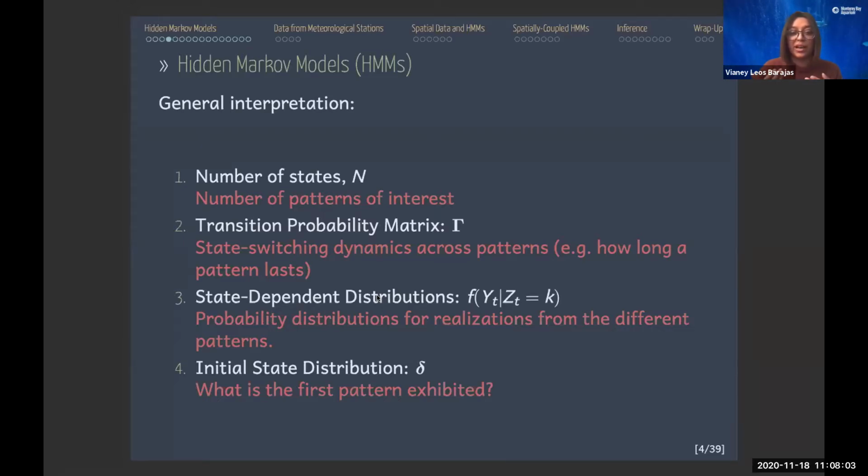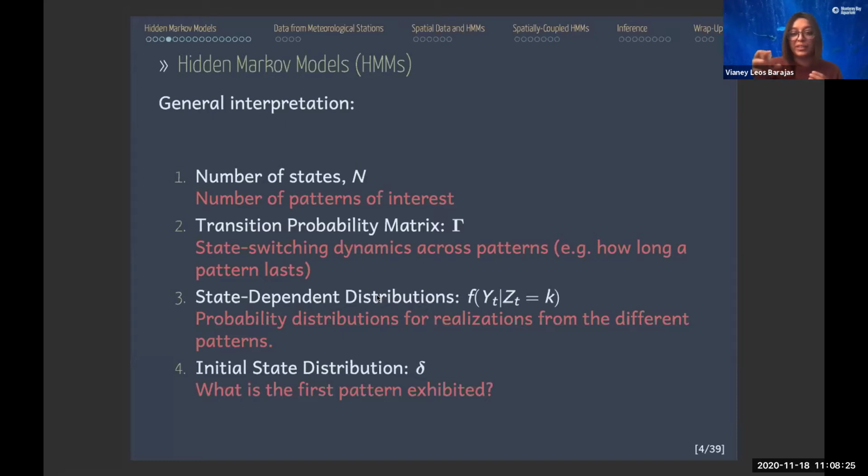State-dependent distributions are, how do you generate data from the different patterns? The different patterns are not just associated with one value, right? Because I do animal movement, I like to think of Fitbits. When we're active, our Fitbits can count our steps. And when we're not active, we're just sitting. So say you're active, you're moving, or you're not moving.